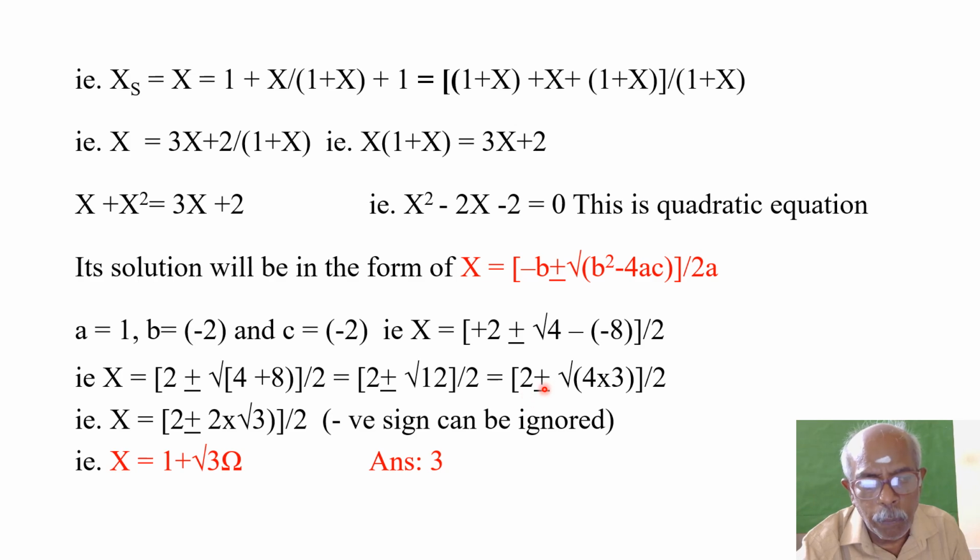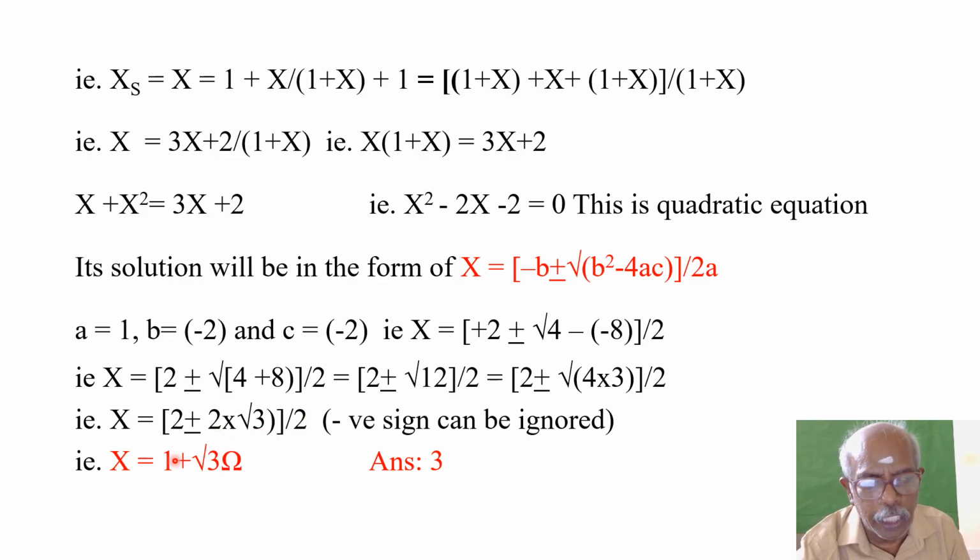So 2 plus or minus square root of this 12 can be written as 4 into 3. 4 into 3, 12, is it not? Divided by 2. That is x is equal to 2 plus or minus this 4. If you take this 4 outside the square root, it becomes 2. So only this 3 is inside the root, is it not? Plus 2 into root 3, divided by 2.